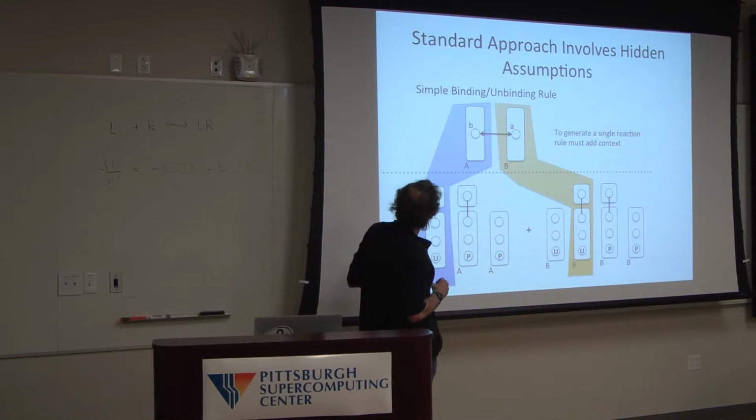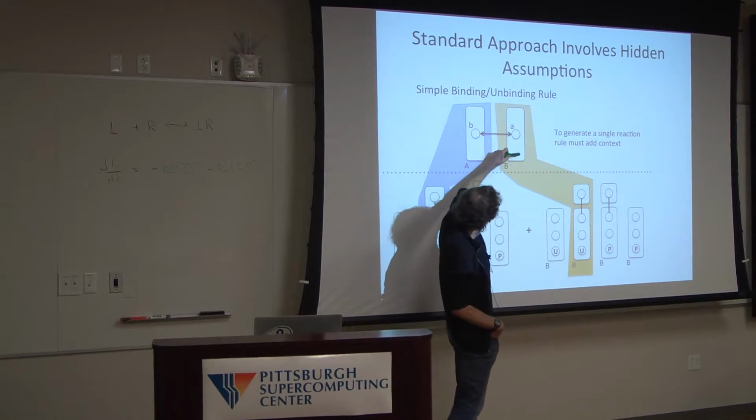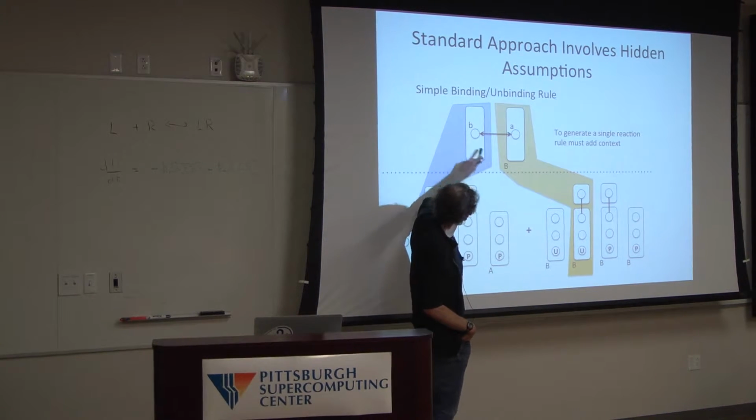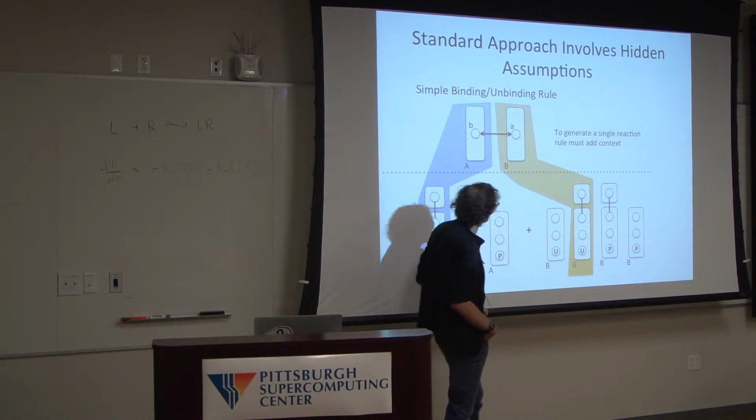So here's an example. Imagine here now that I put this additional context U on these molecules, so that we only select these two out of the full possible set we had before.